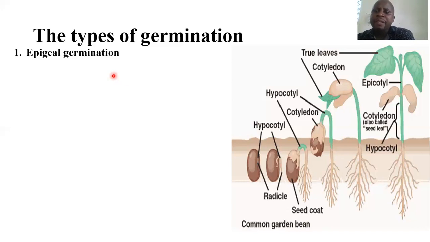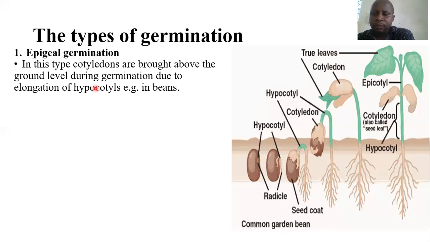So what are the events that bring about epigynous germination? Epigermination is the type of germination in which the cotyledons are brought above the ground level during germination.